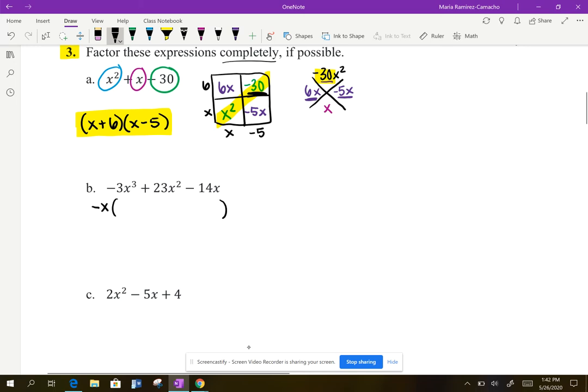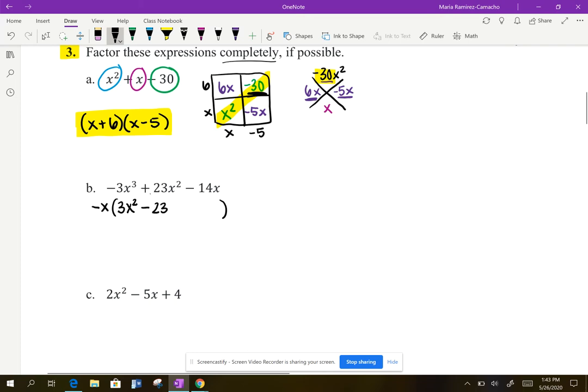If I factor out a negative from a negative, I end up with a positive. I still have a 3 here. Factoring out an x just means that my exponent goes down by 1. So instead of having x cubed, now I have x squared. Because 23x squared was originally positive and I'm factoring out a negative, now this is negative.